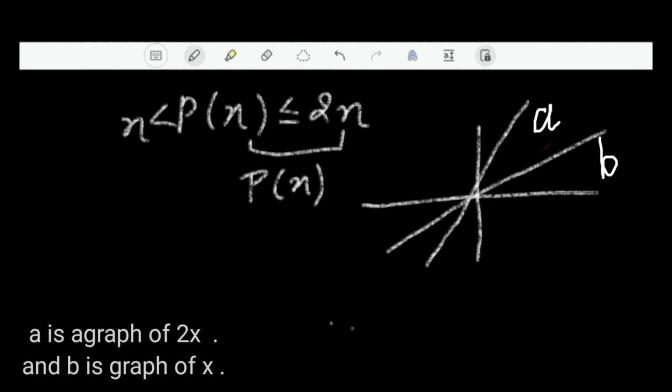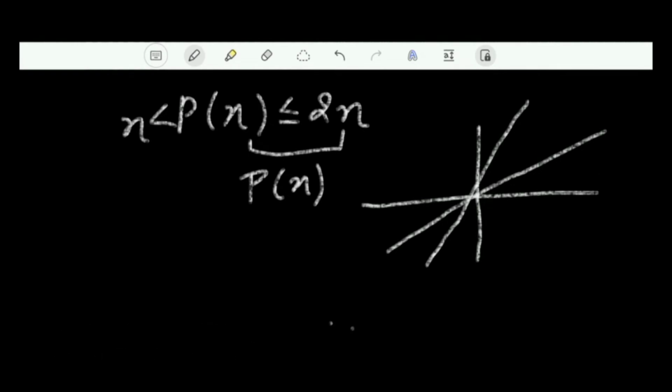They both pass through the origin and they are linear. So if P lies between them, then it simply tells that P of n is linear.